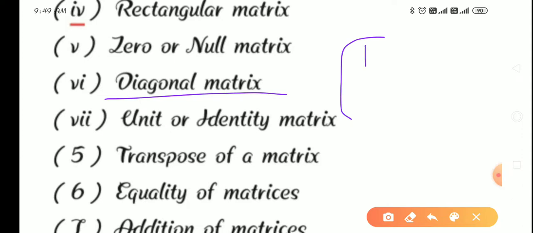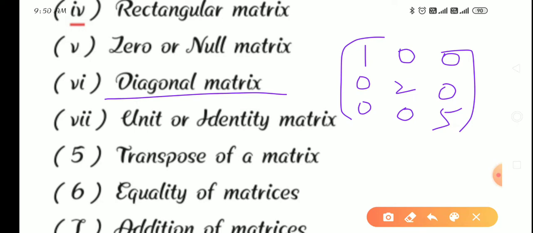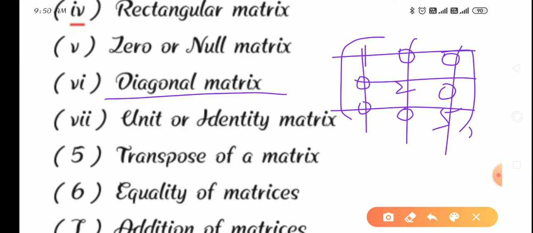So 1 0 0 / 0 2 0 / 0 0 5. First of all, you check whether it is a square matrix or not. Just before I told you, a diagonal matrix means a square matrix. So yes, 3 rows and 3 columns, so it is a square matrix of order 3.